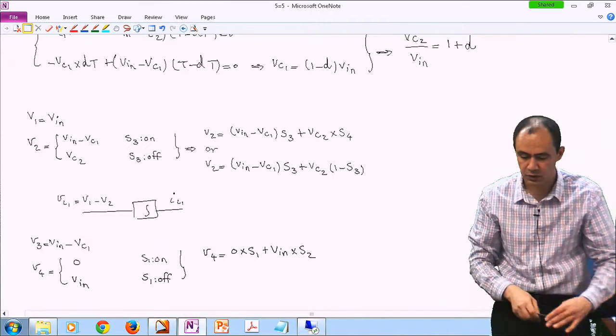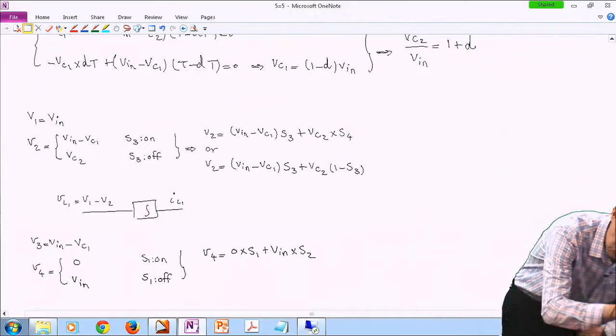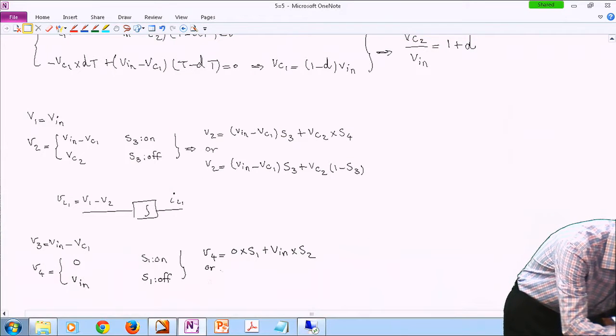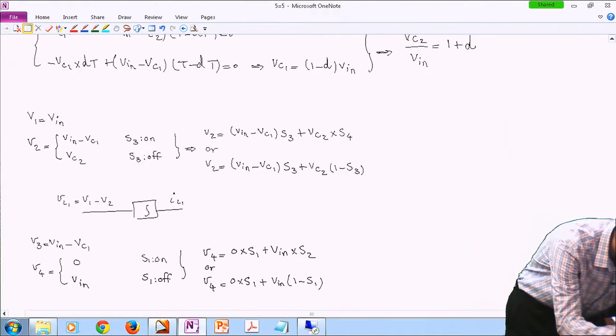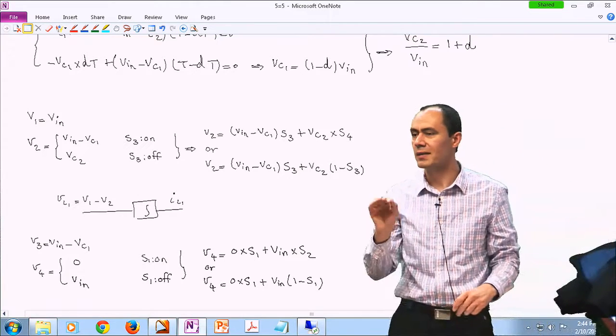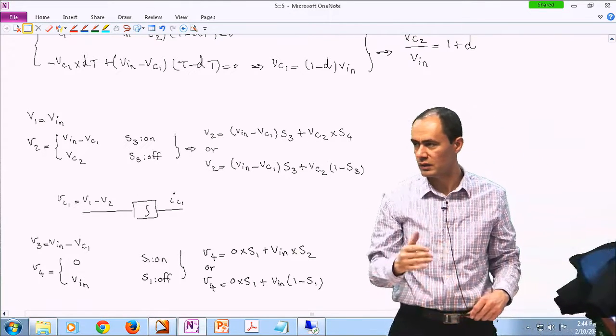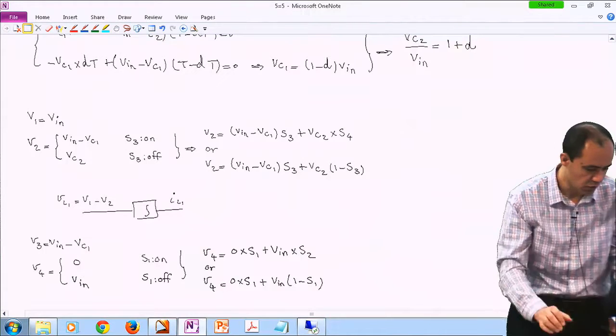Or if you are trying to eliminate S2 as an independent switch and just have all of the active switches involved, which is switch number 1, for instance, here, V4 is 0 times S1 plus Vin times 1 minus S1. So again, S1 and S2 are the commands that are applied to the switches. 1 indicates that the switch is on, 0 indicates that the switch is off.